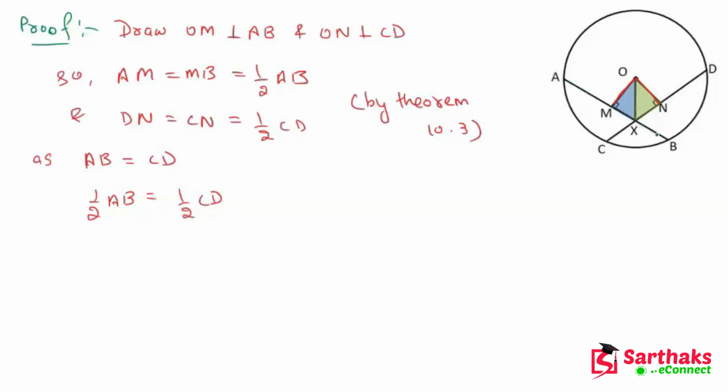Half of AB is AM, and half of CD is DN. So AM is equal to DN; let's suppose this is equation number 1. Also, half of AB is MB, so MB is equal to NC. Let's suppose this is equation number 2.